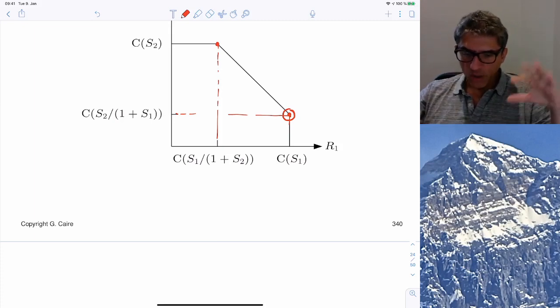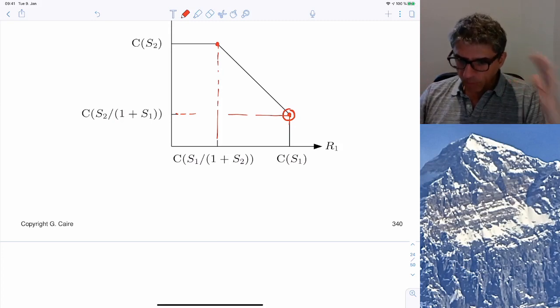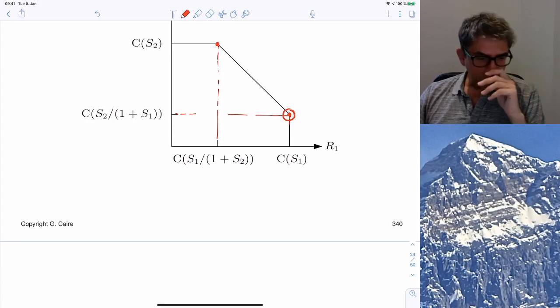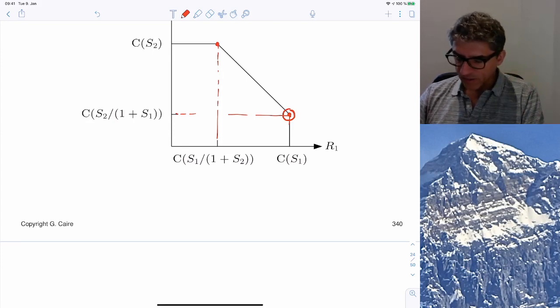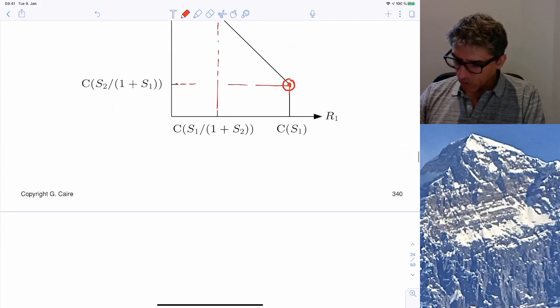Instead of a joint typicality receiver that tries to decode both messages at the same time, we can use something called successive interference cancellation. And this is a very, very interesting idea. So let's look at the rate here. User 1 operates at its own individual capacity, as if user 2 was not there.